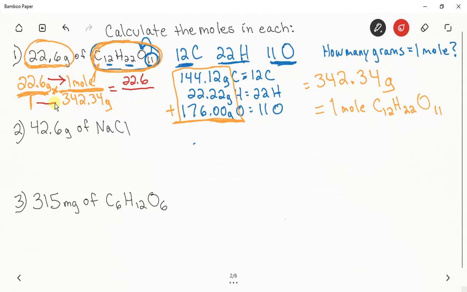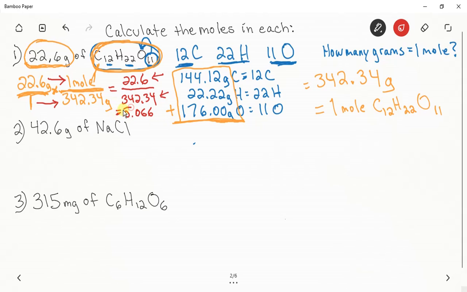And then you take the 1 times 342.34, and then you get your calculator out and you divide 22.6 divided by 342.34, and you get 0.066.